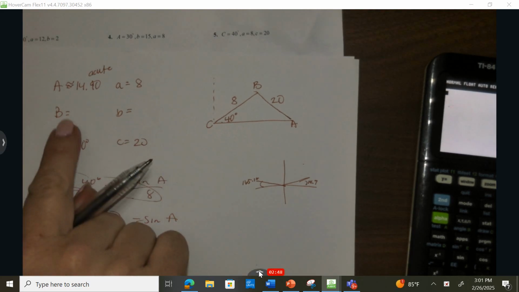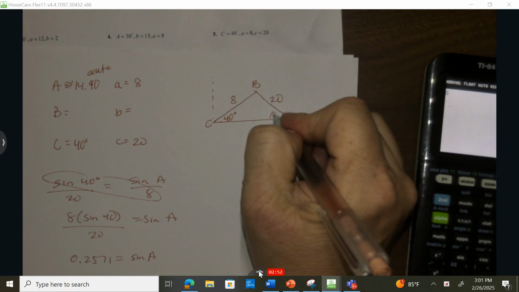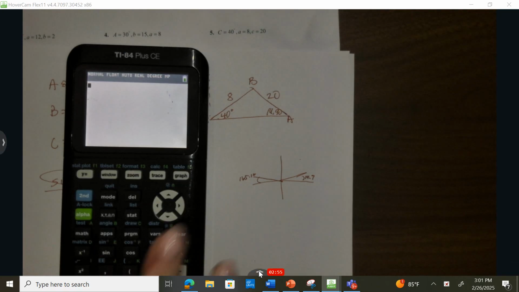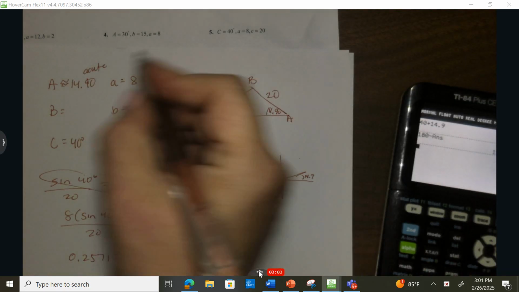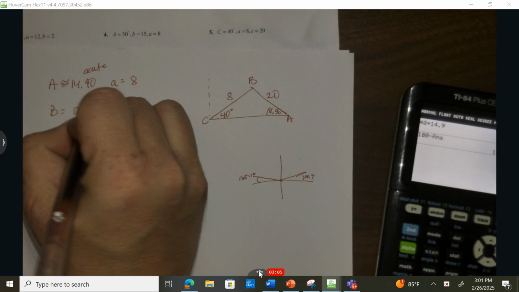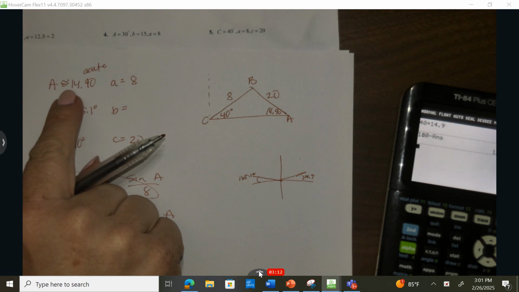Well, how do I figure out angle B? I know A is 14.9, so I'm going to take 40 plus 14.9 and subtract that from 180, and we end up with 125.1 degrees. 125.1 degrees is the key here. Got it. Then I'm going to take what's not rounded, since this is rounded.